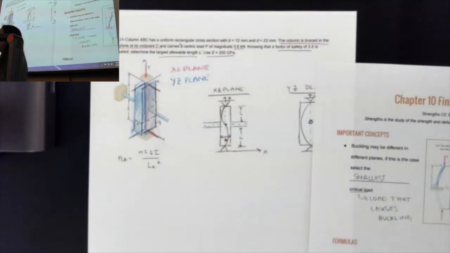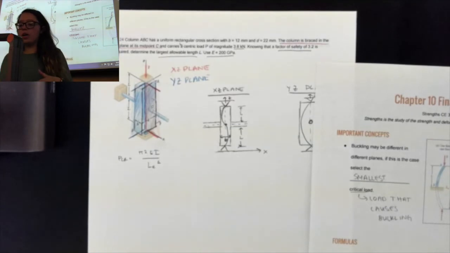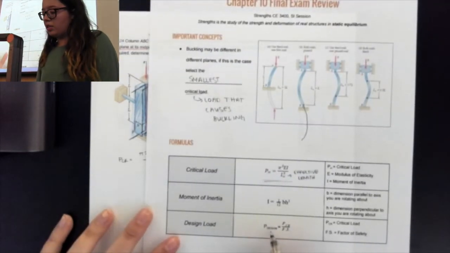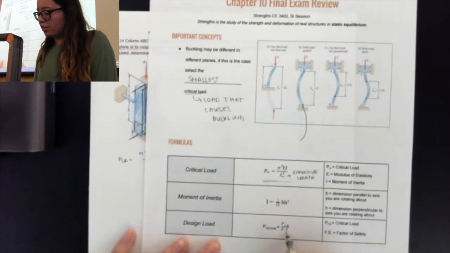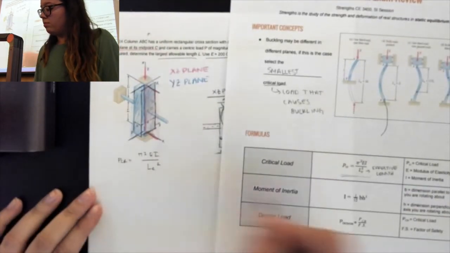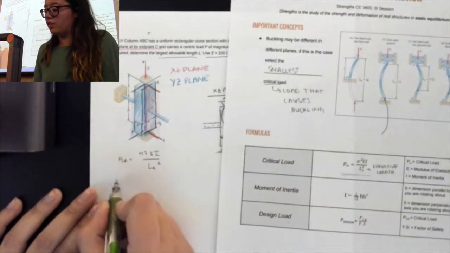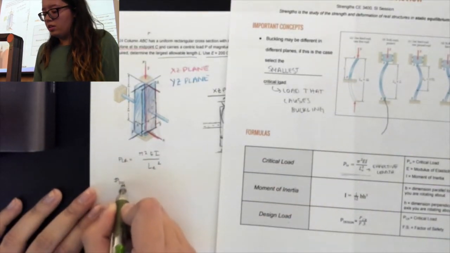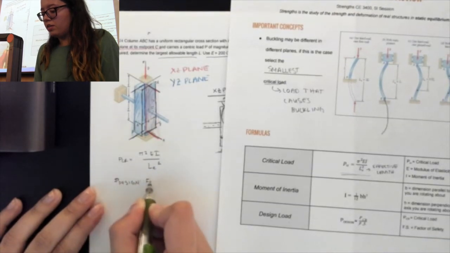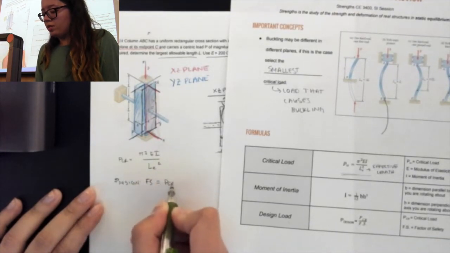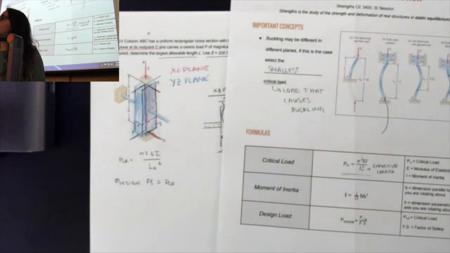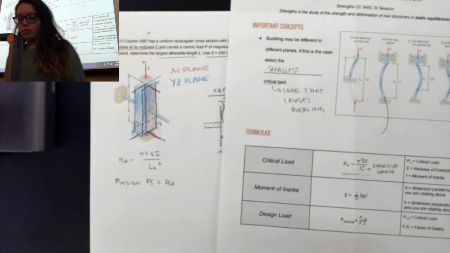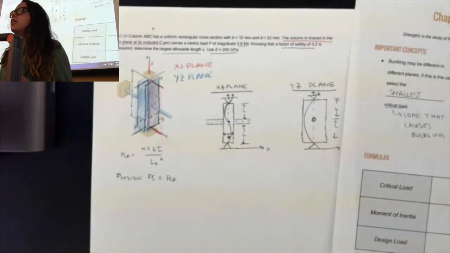But we need to take into account our factor of safety to figure out what our P critical is, because P design, which is what they gave us, is equal to P critical over factor of safety. So P design times factor of safety is equal to our P critical. That's what we would plug in right there. Does that make sense to everybody? And you know to do that because they gave you a factor of safety.